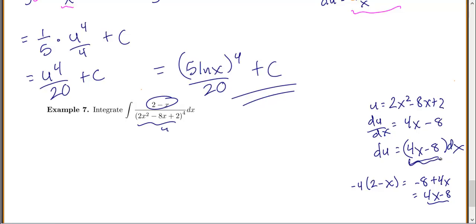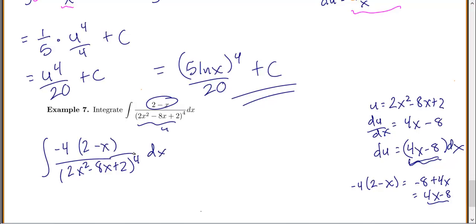So what this means is if I want to integrate this, I need to add in a negative 4 times my (2 minus x) over (2x squared minus 8x plus 2) to the power 4 dx. So I need to have a negative 4 in there to make it work. However, I can't just multiply by negative 4 without changing it. So on the outside, I'll need to put a negative 1/4, because negative 1/4 times negative 4 gets me back to 1, so I haven't truly changed it.